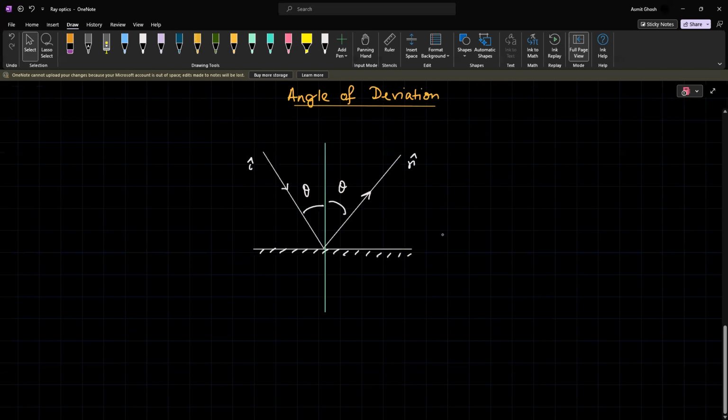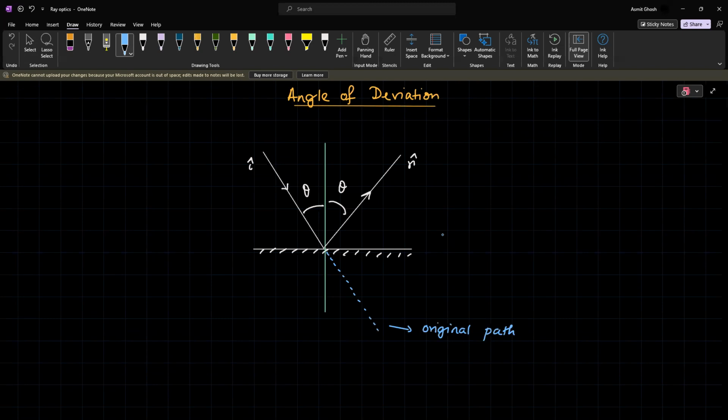Now, actually, the ray should have gone in this path. This can be said as the original path of the ray, the path of the incident ray in the absence of any mirror.